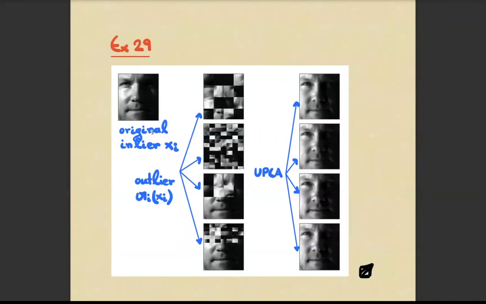The faces come from the same individual. This is the Yale, extended Yale B database. So the person is the same, the pose is the same, and all that varies across different face images is the illumination.